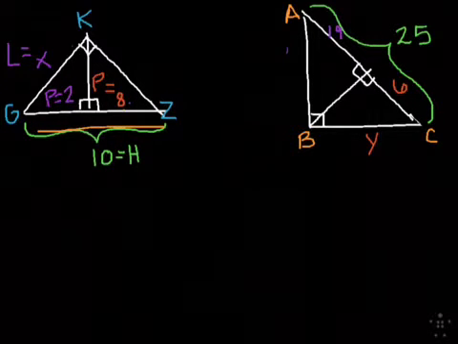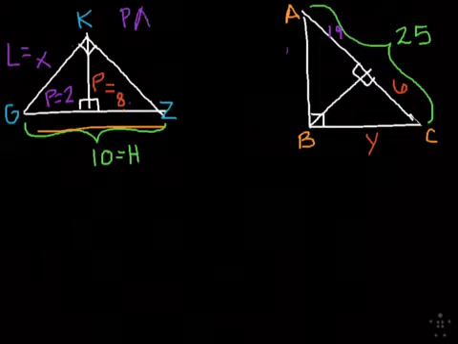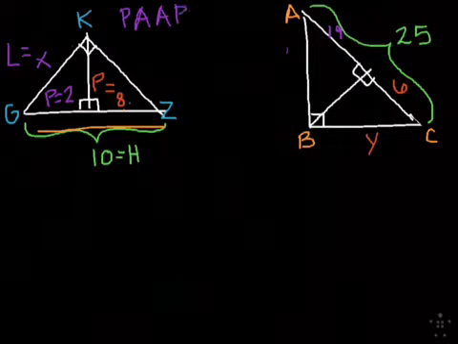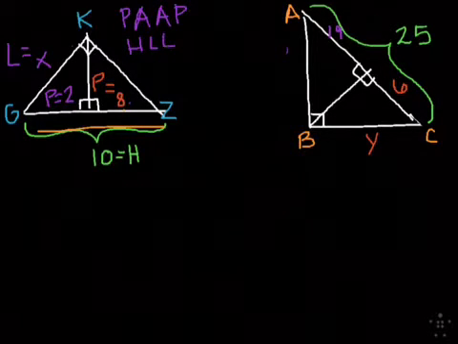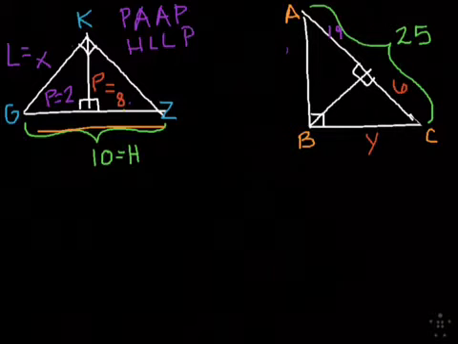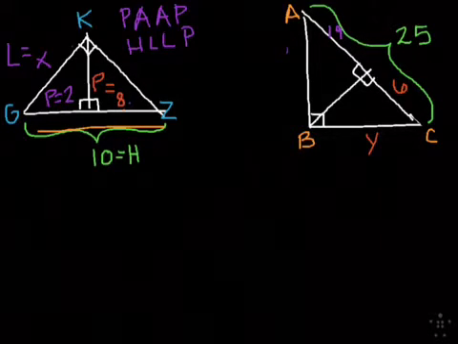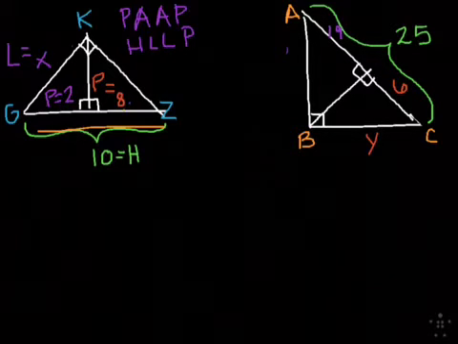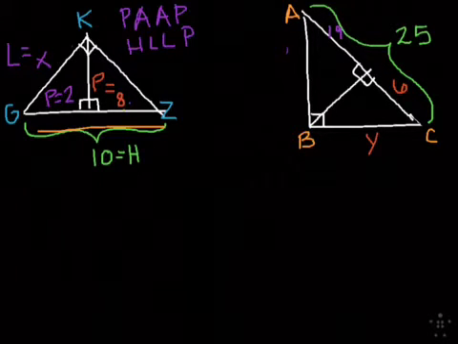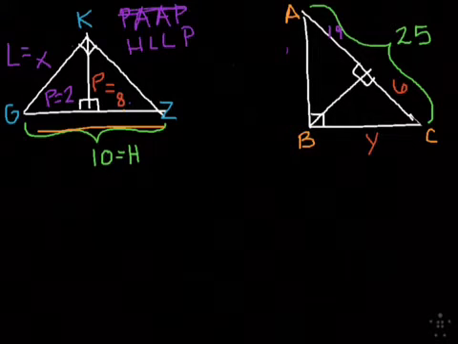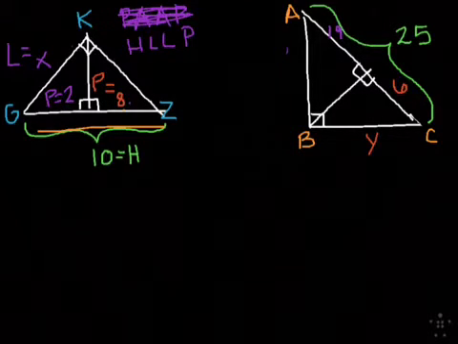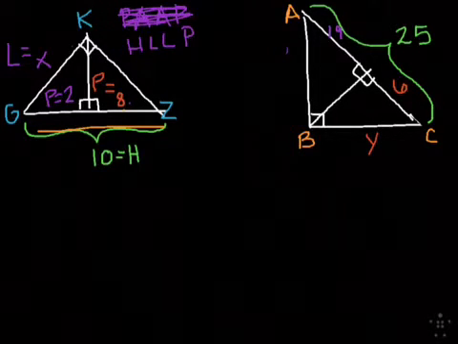All right, so once again, are we going to use part, altitude, altitude, part, or hypotenuse, leg, leg, part? And remember, the legs and parts have to match. You have to have matching sets. So you have the hypotenuse, you have a leg and a part, but you don't have the altitude, so it can't be this one. So we're going to set up HLLP.